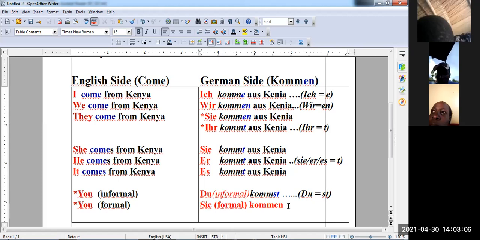"Sie" mostly repeats the original verb. "Sie kommen aus Kenya." So the formula for formal "Sie" is the same as the infinitive.